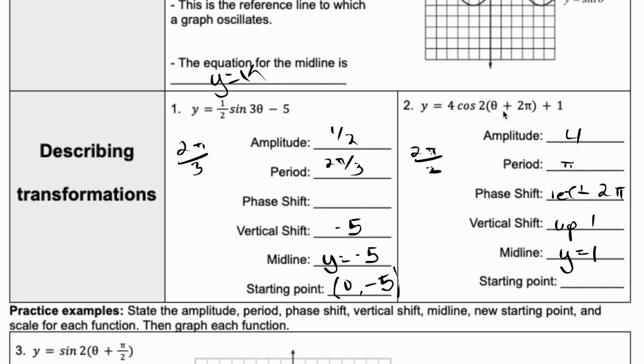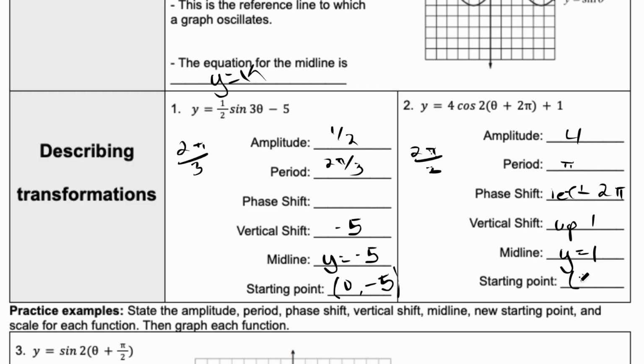We end up right back where we started. So what's cosine of 2 pi or cosine of 4 pi or cosine of 0? They're all going to be the same because we're adding 2 pi, so they're the same angle. Cosine of 0 is going to be 1. So we do 1 times 4, we get 4 plus 1 is going to be 5.